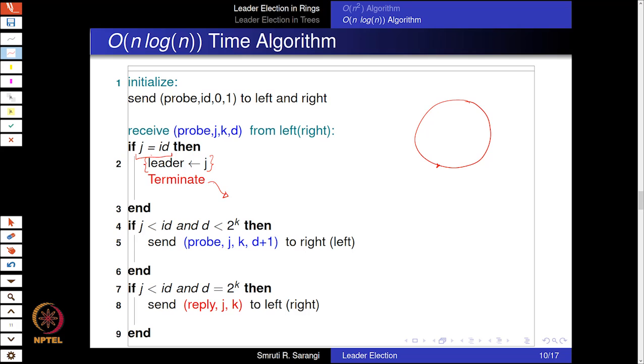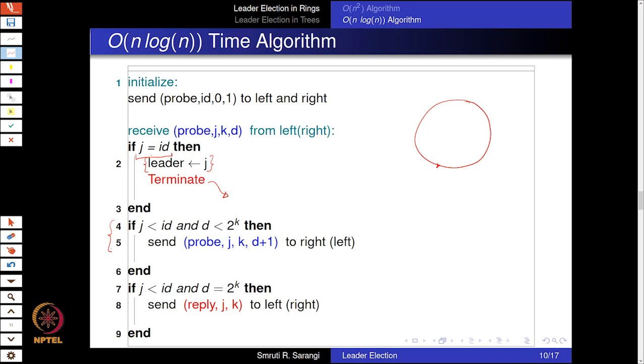Sorry, I stand corrected: it's not the temporary leader, it's the final leader. If I receive a message which is my ID, it means the message has passed through the rest of the nodes. So I'll declare myself the leader and I will terminate. But let's just keep going forward.